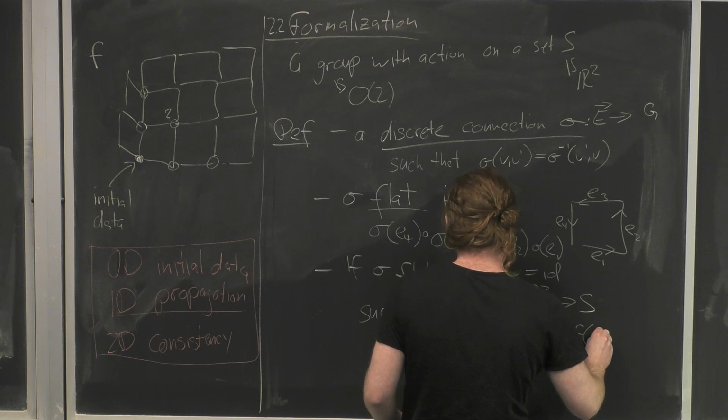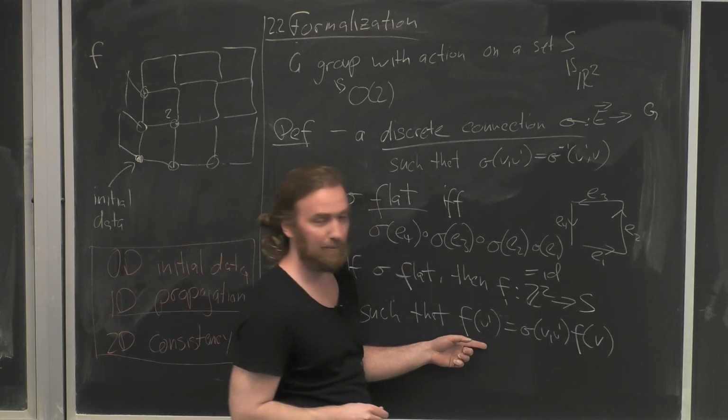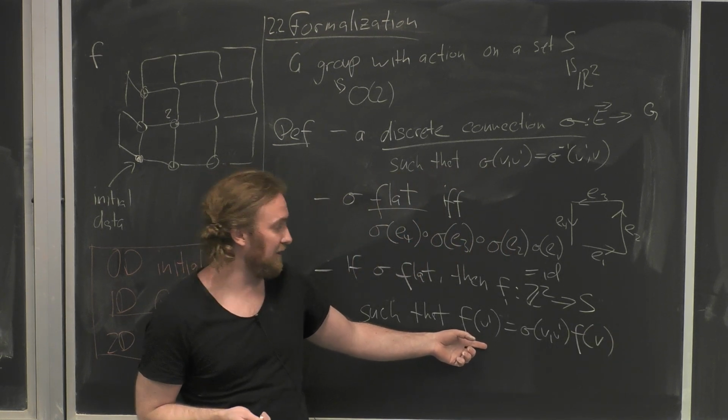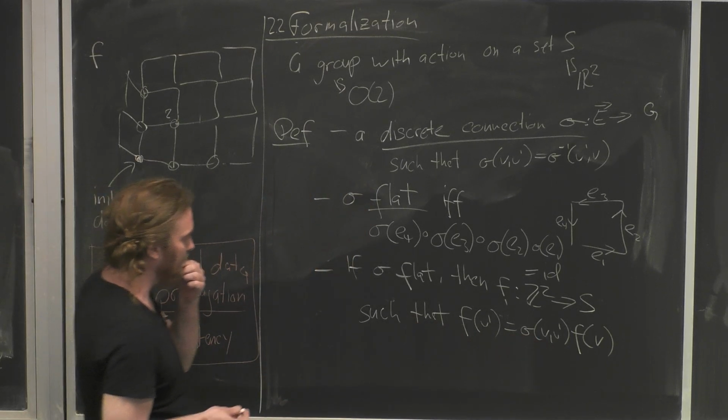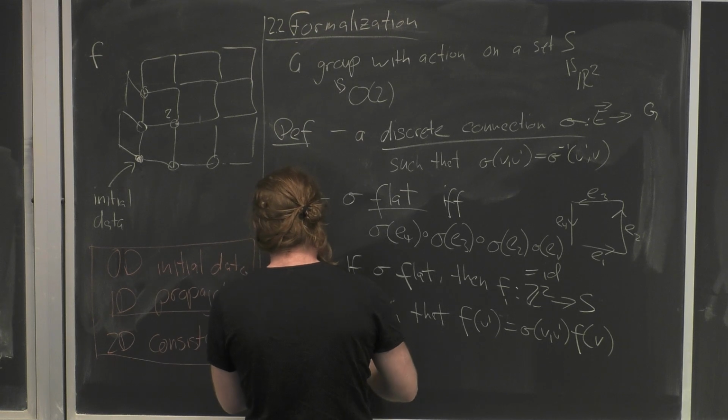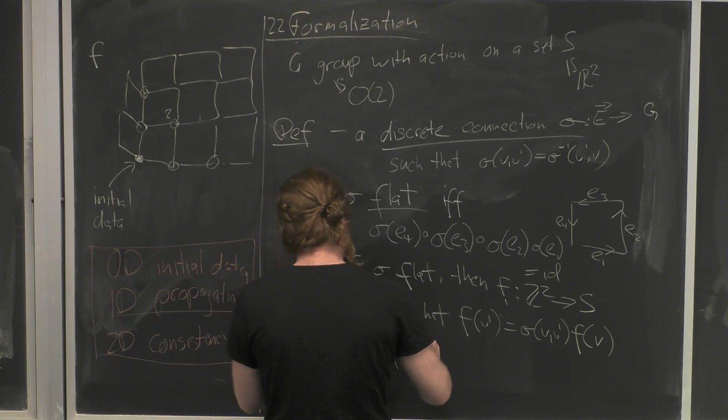So that neighboring FVs are related by this group action. And then we call F an orbit.